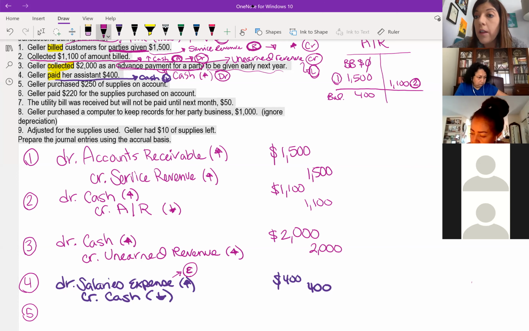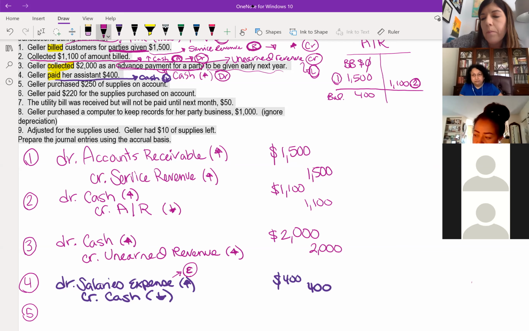Cash: when you collect cash, cash is coming in, so you always debit cash when you have collections of cash. For cash paid, whenever you pay out cash, you're always crediting cash, reducing cash. So decreased cash is always a credit, and increased cash is a debit. Yep. Cash coming in is always a debit. Cash going out is always a credit to cash. Okay.